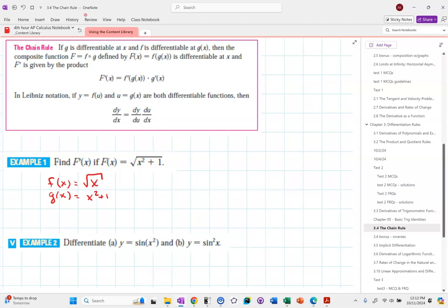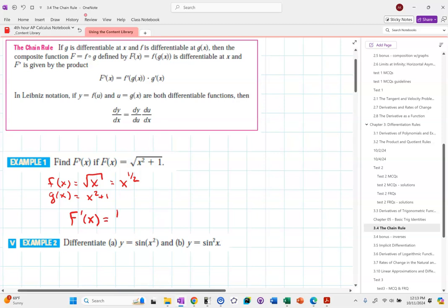So if we do the chain rule, if I think about the derivative of the outside, I'm going to think about square root of x as x to the 1/2. The derivative of x to the 1/2 is just a power rule derivative, right? 1/2 x to the negative 1/2.